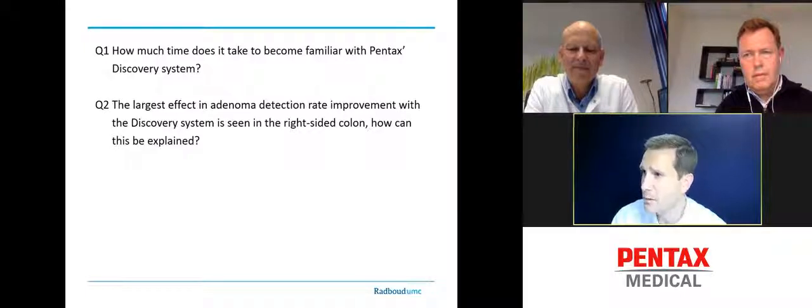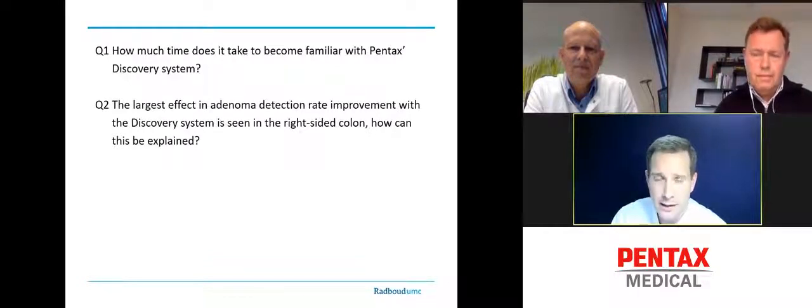And those lesions with the highest miss rates were lesions in the right-sided colon with advanced histology, flat lesions, and serrated polyps. This was a study that included more than 15,000 tandem colonoscopies. So it's really rock solid evidence showing that the association is there between miss rates, flat morphology, small lesions, and proximal lesions.